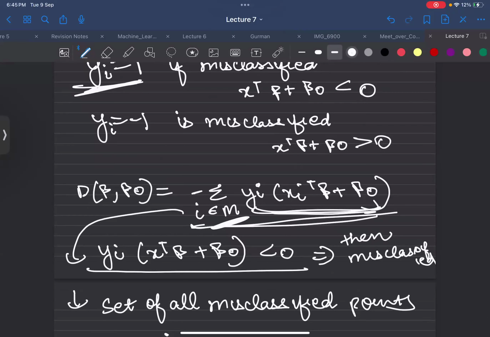What do you mean by minimize D? Which means to minimize the distance. D means beta naught, this I have written.